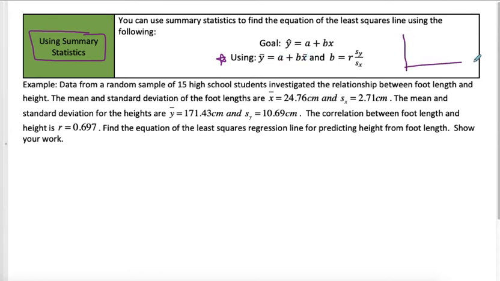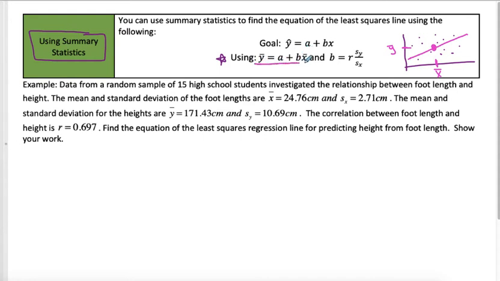So anytime we have a scatter plot, there's going to be some average X bar and some average Y bar that intersects there. And our line has to go through that. So it's got to go through Y bar and X bar.